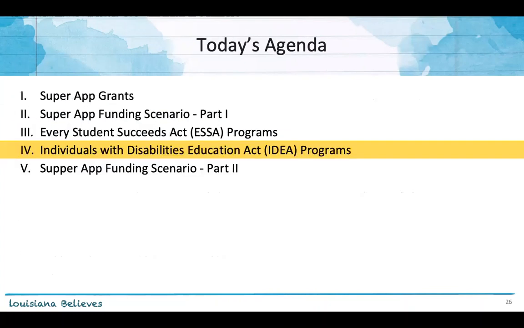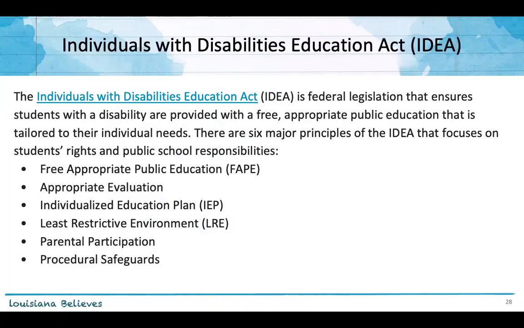Next on the agenda is the Individuals with Disabilities Education Act. The Individuals with Disabilities Education Act is federal legislation that ensures students with a disability are provided a free, appropriate public education that is tailored to their individual needs.